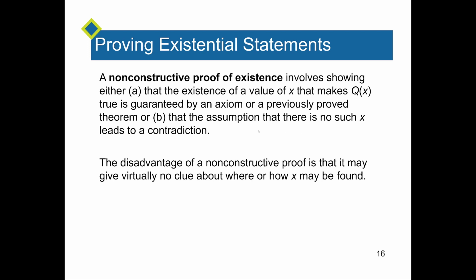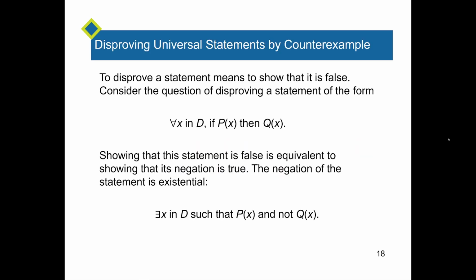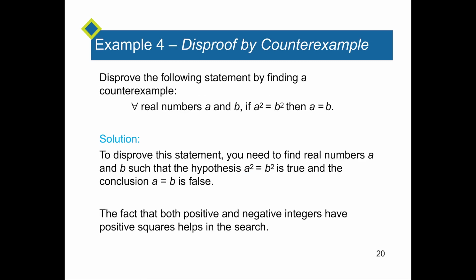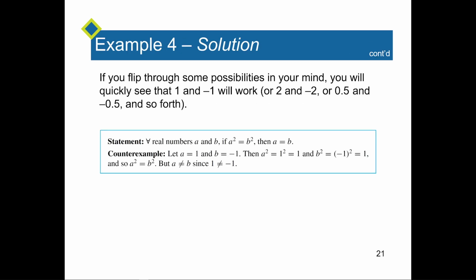All of these will be for your self-reading, right? How to disprove and stuff like that. This was already covered in the previous section, with the quantifiers, and it is proved by counterexample as well.